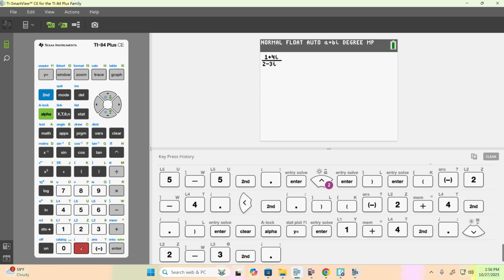Second decimal, down at the very bottom. Everybody get it typed in? Alpha y equals enter. Everybody got it typed in? And y'all got this?